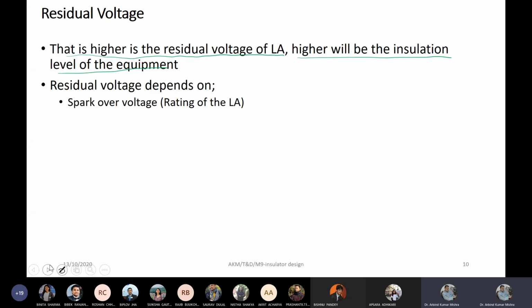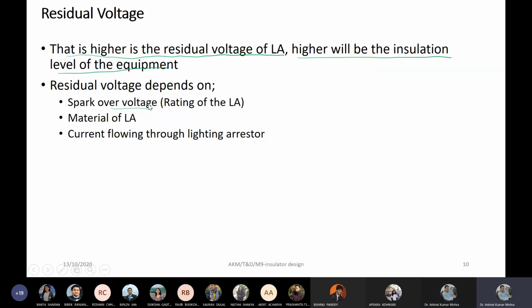This voltage, as we have just pointed out, depends on the spark over voltage itself. This spark over voltage could be higher or lower in two ways. One way is depending upon the rating of the device.